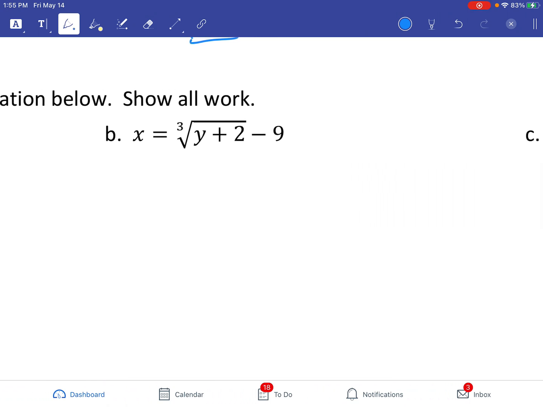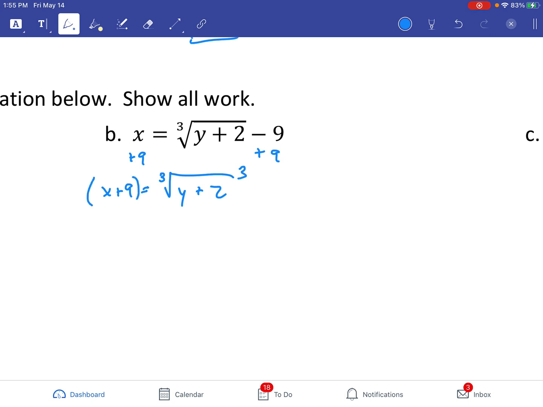Next, the first step we have to take is we're going to add 9. So we have x plus 9 is equal to the cube root of y plus 2. Now what we have to do is get rid of the cube root sign before we can subtract the 2. To get rid of the cube root sign, we're going to cube both sides of the equation.